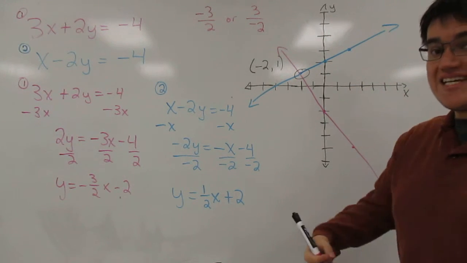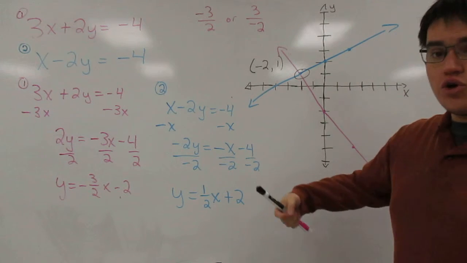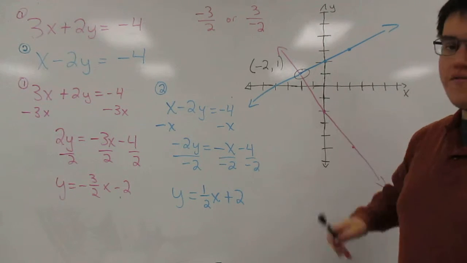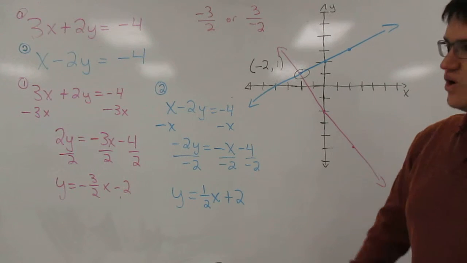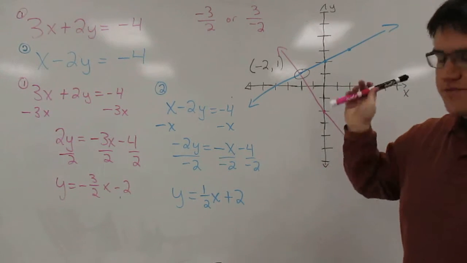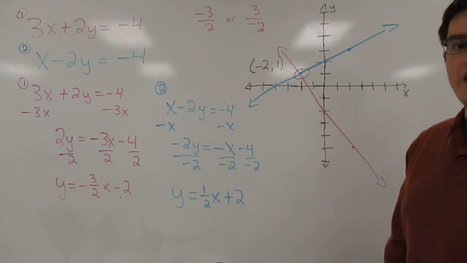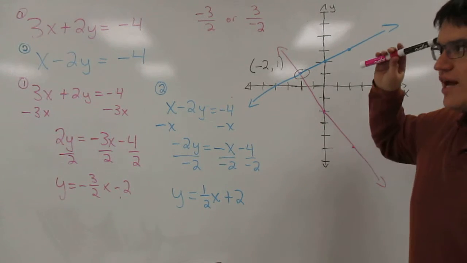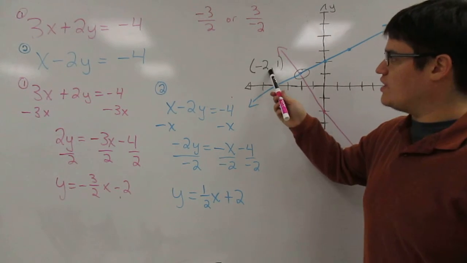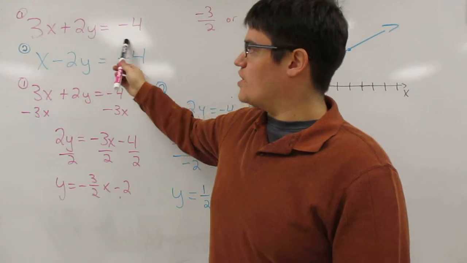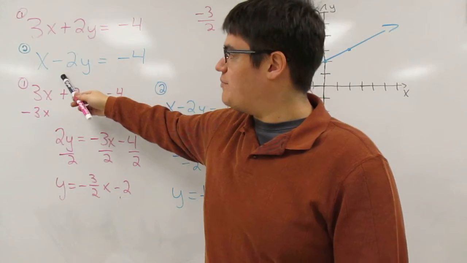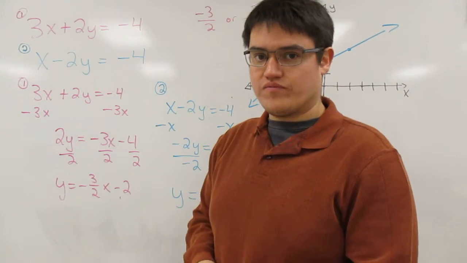So whenever you have a system and they're asking you to find the solution of the system, you're looking for that intersection point. Whether it's lines, parabolas, absolute value, whatever it is, you're looking for that intersection point. So always keep that in the back of your head. And remember that that ordered pair works for this one and at the same time works for that one. Try it out.